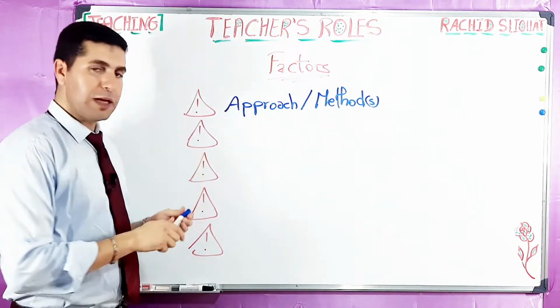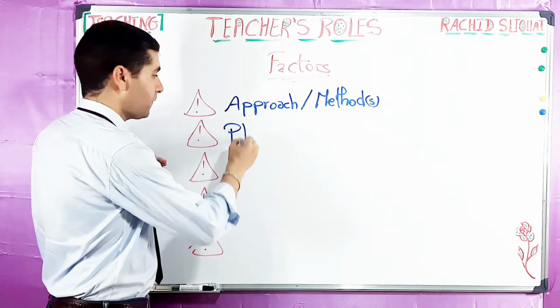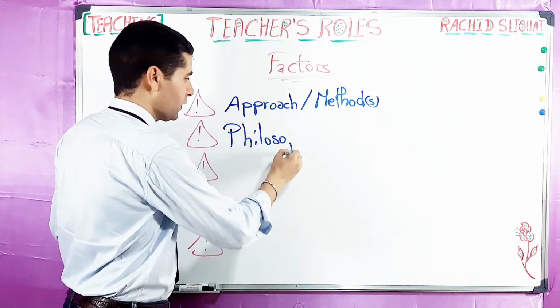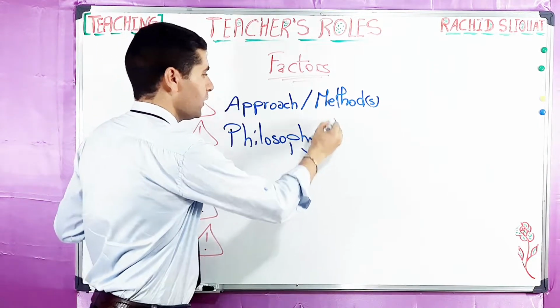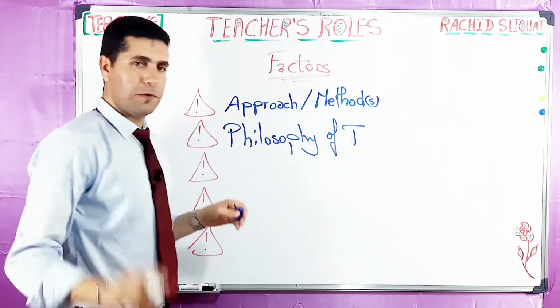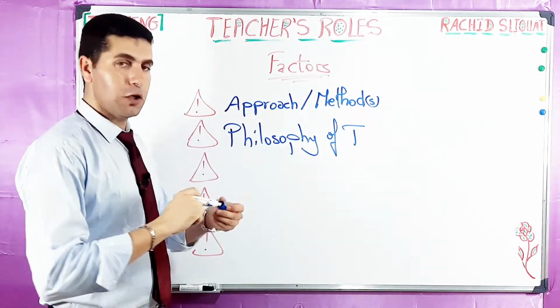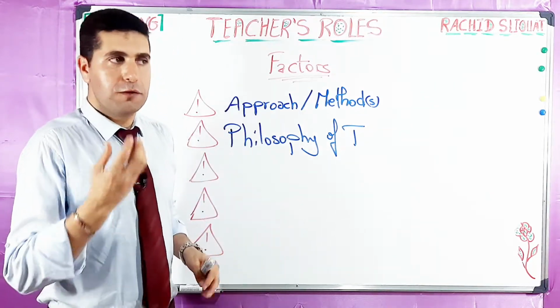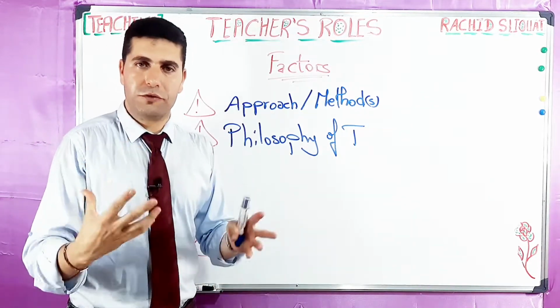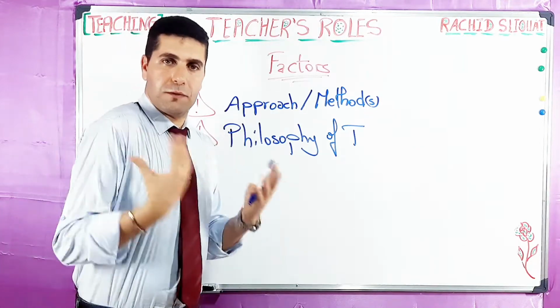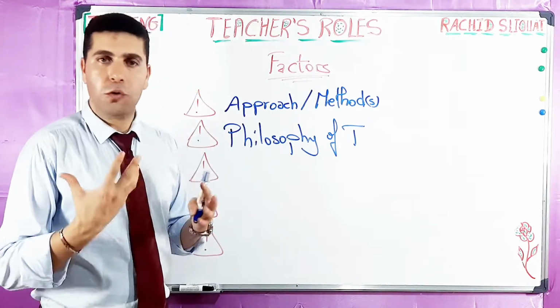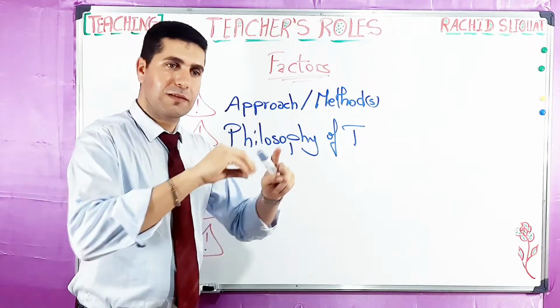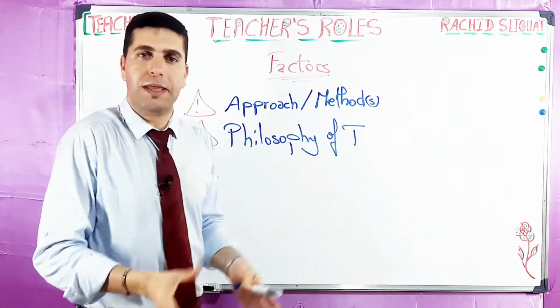Number two, very essential, is your philosophy of teaching, okay? Your philosophy of teaching. How do you view teaching and learning? So your view of teaching and learning, your perspective toward teaching and learning, will interfere in the selection of your role in the classroom.